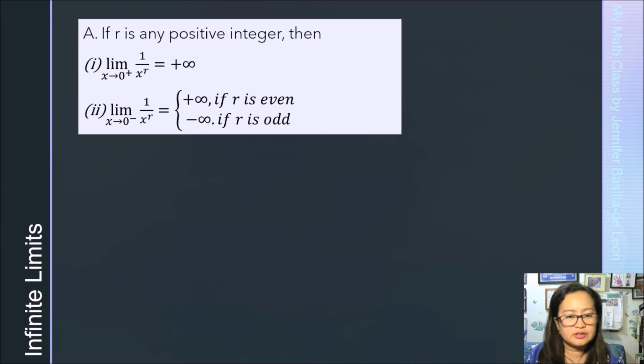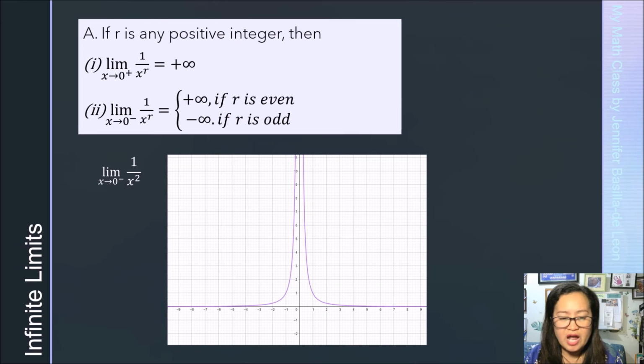Now consider the second example. The limit of 1 over x squared as x approaches 0 from the left. Let's have a graph. As you can see, we have to trace the graph from left to the right.